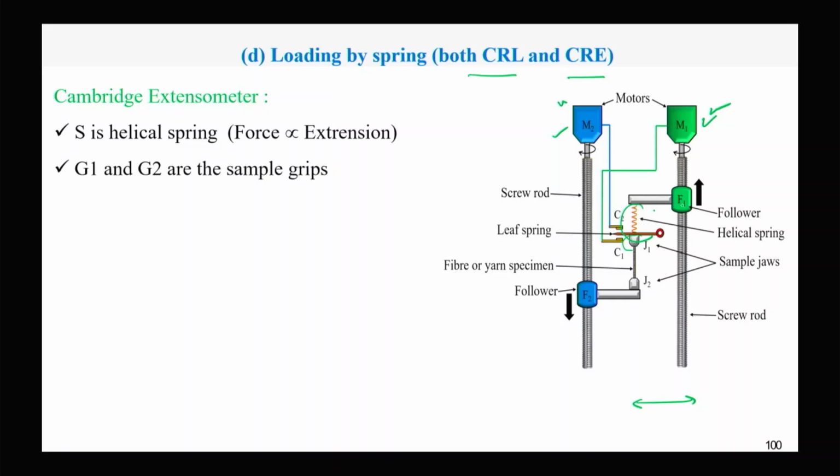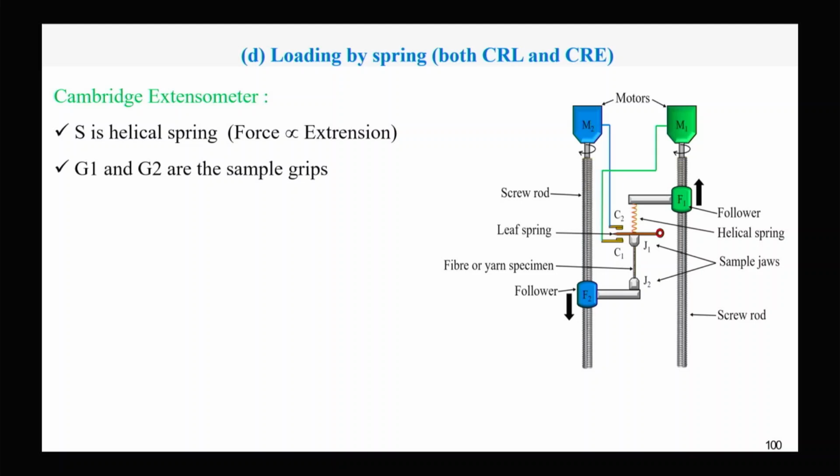So if we want to work at constant rate of loading, then motor M1 rotates at constant speed. At that point, the motor M2 initially was stationary. It was not running, it was stopped. But due to the extension of the material, the leaf spring will touch the connector C2, and connector C2 is connected with the motor M2.